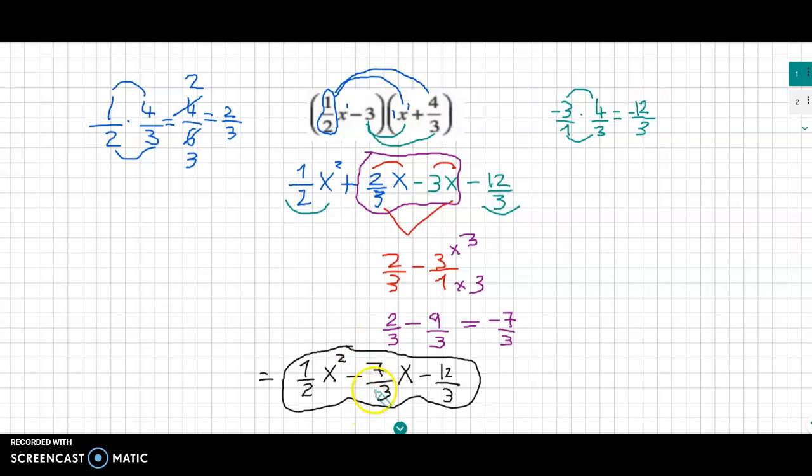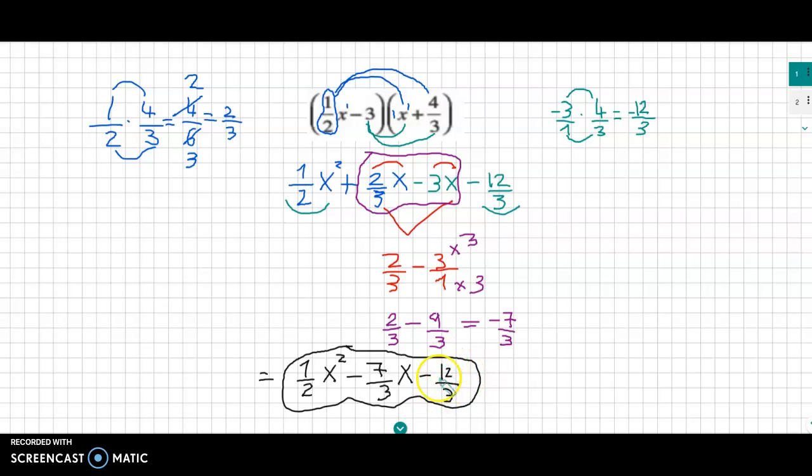What is the degree of this trinomial? Remember that it is the highest exponent, so that will be 2, because this is the greatest exponent here. We have 3 terms, the variable is x, and the coefficients are 1 over 2 and minus 7 over 3, and the constant is minus 12 over 3.